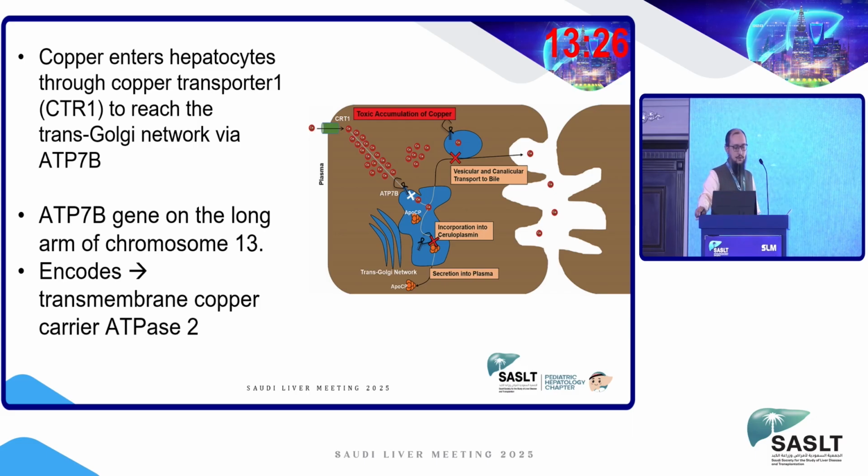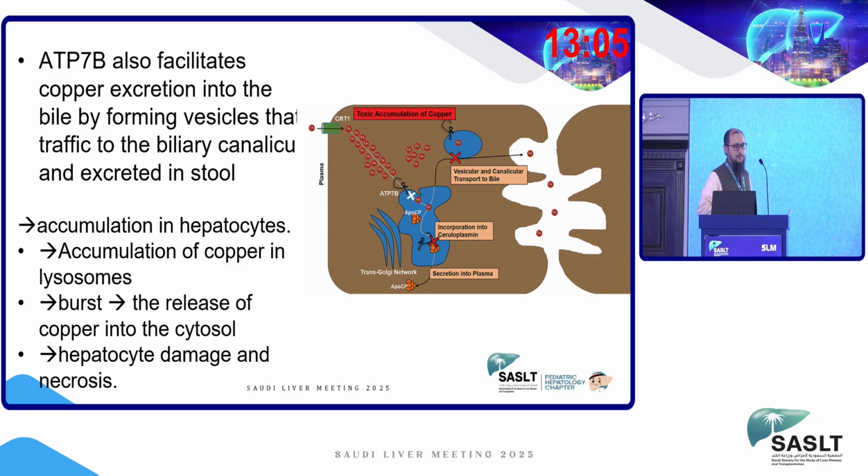The ATP7B gene on the long arm of chromosome 13 encodes for a transmembrane copper carrier protein, ATPase2, which is responsible for transporting this copper into the Golgi network for further integration into the carrier proteins, and subsequently it is excreted into the serum, and secondly it is also excreted into the bile, and from the bile it is excreted from the gut into the feces and outside of the body. The rest of the copper is bound to ceruloplasmin, which then circulates in the serum in the blood.